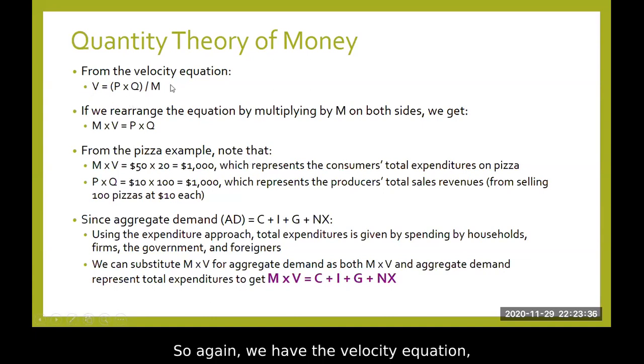So again, we have the velocity equation. V is equal to P times Q over M. P is the price level, Q is real GDP, and M is the quantity of money.